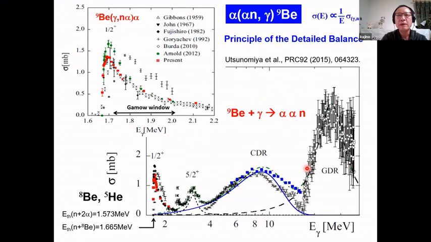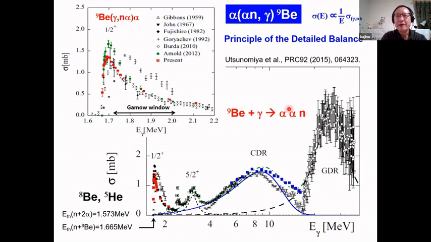This is the reaction alpha alpha neutron to beryllium-9 and its reverse, beryllium-9 gamma. What we want to know is the forward process: two alphas capture a neutron to form beryllium-9, but this is a triple reaction, so it is impossible to measure experimentally.